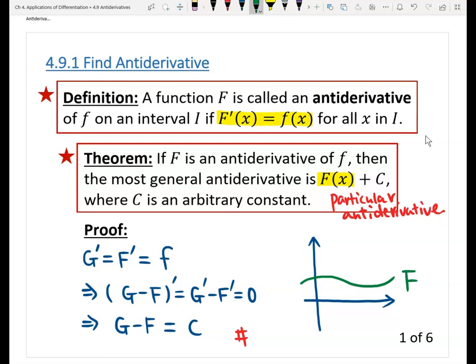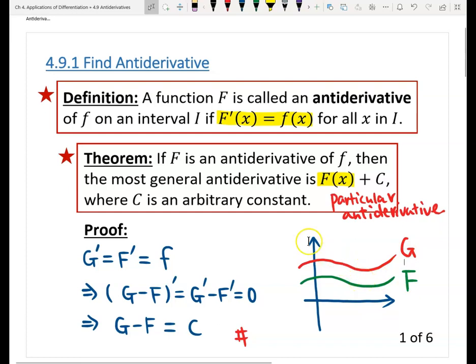One antiderivative, which means now what is G? G is just F plus C. If C is positive, then it's shift up. Can you see? This is G, a particular one. What does this mean? This means just shift the capital F up, if C greater than 0. If C less than 0, just shift the F down. Which means these two functions are just parallel to each other.